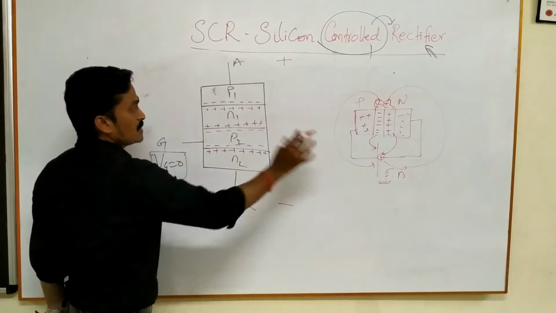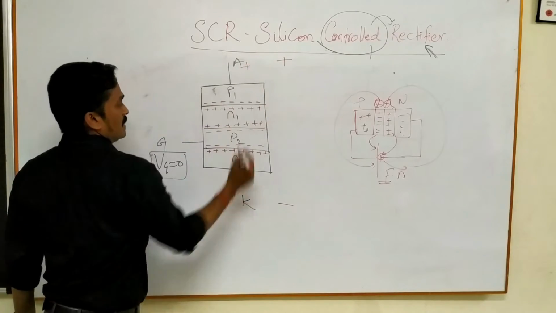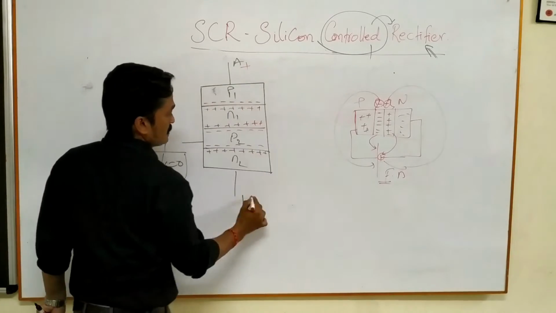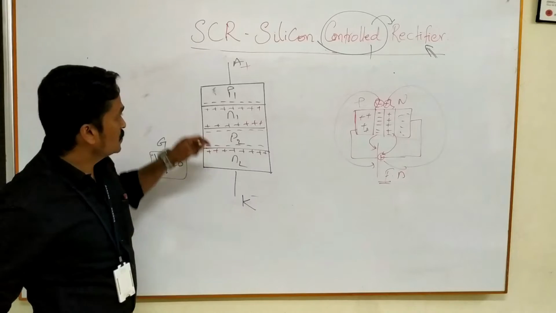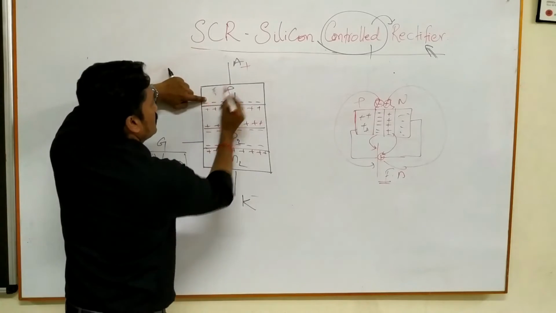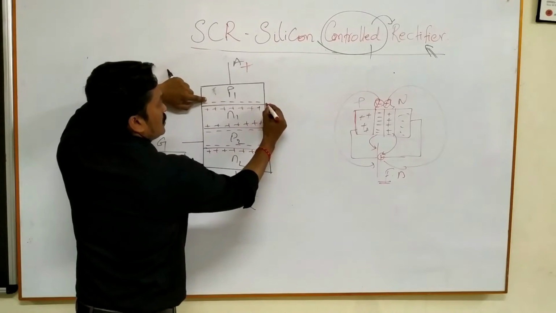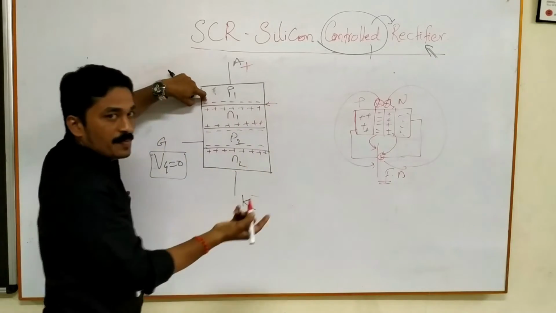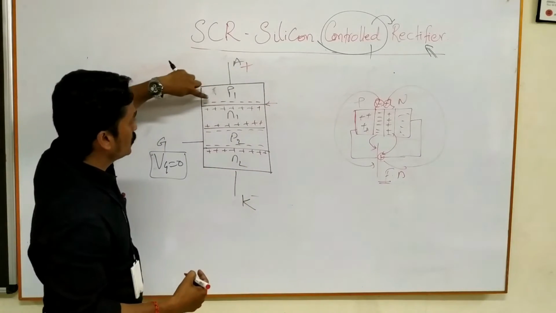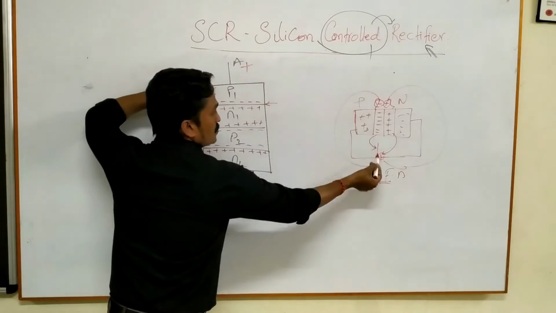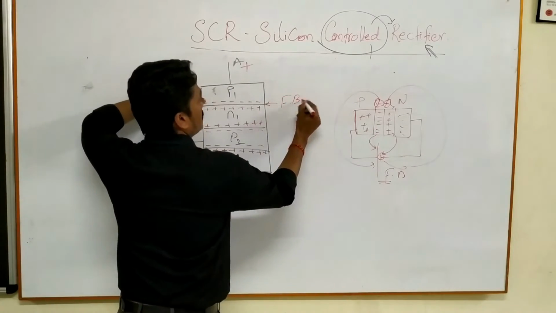Take this particular concept and apply here. This is plus and this is minus, right? With respect to this polarity, this one is opposite to this one. So whether the junction is forward bias or reverse bias, opposite to this one, this is forward bias.